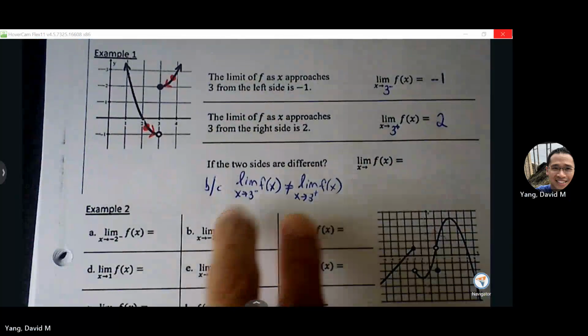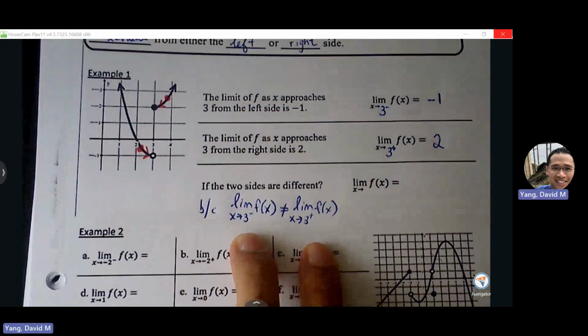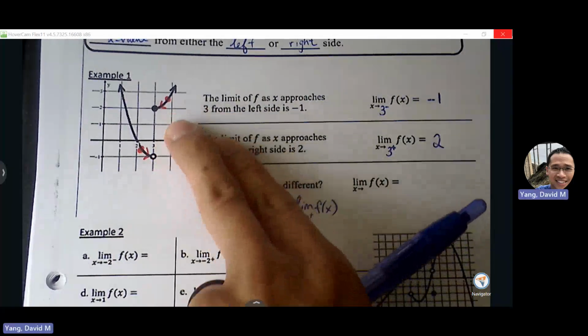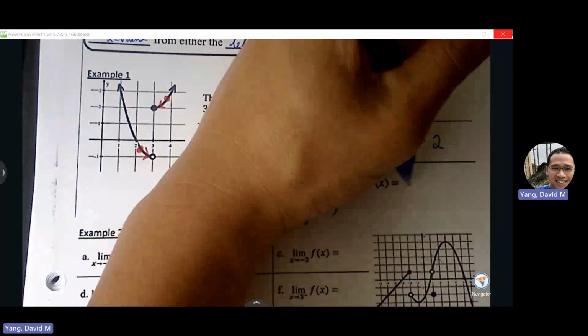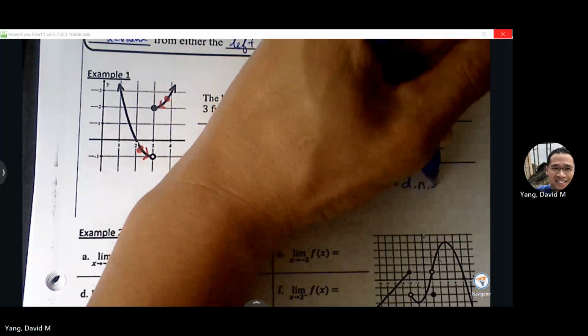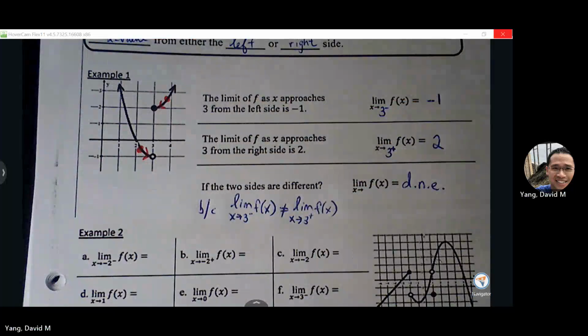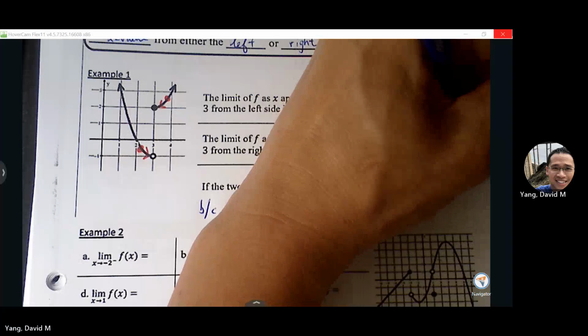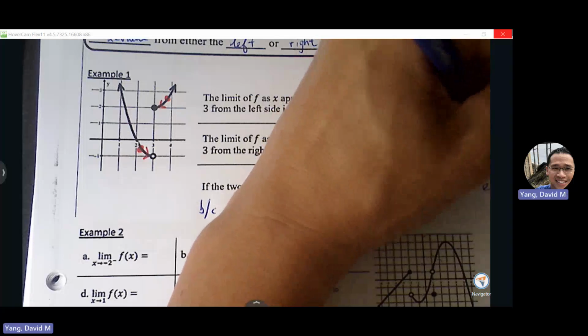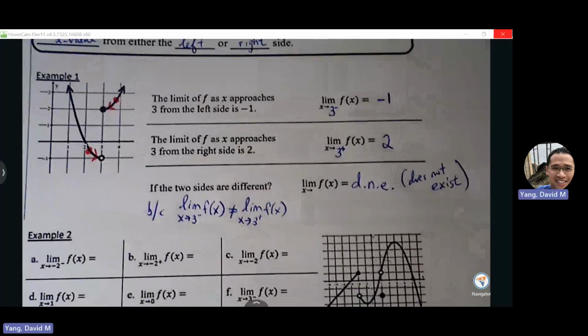Make sure you always indicate what expression you're referring to. Because these are not in agreement, in other words the arrows are not headed towards the same destination, we say that the limit does not exist. If you want to use the abbreviation DNE rather than writing out does not exist, that's perfectly fine.